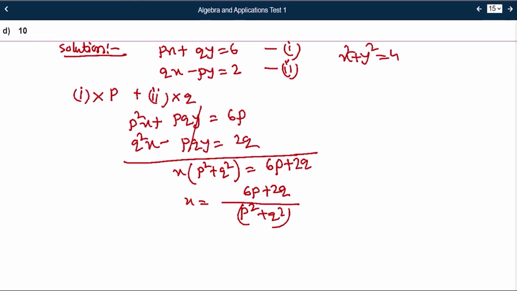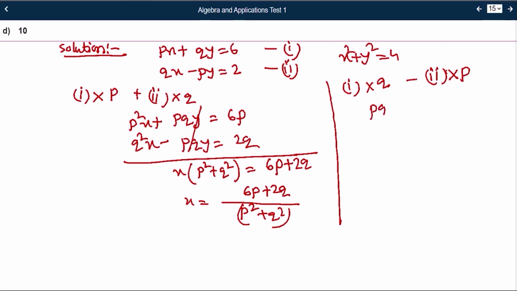The same way we would try to eliminate x in order to find the value of y. So to do so we will multiply 1 by q and 2 by p, and then we will subtract them.